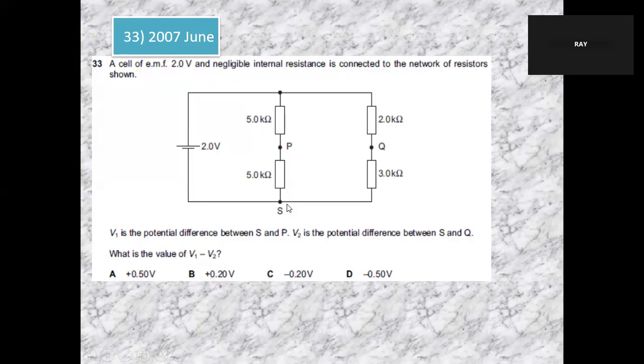What's the value of V1 minus V2? You've just done it. What's your answer? Find the current here and find the potential difference across here. Find the current here, the potential difference across here, and subtract.